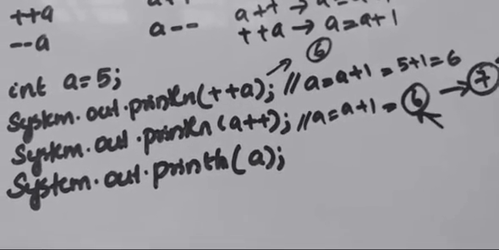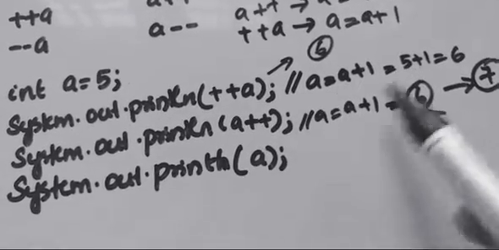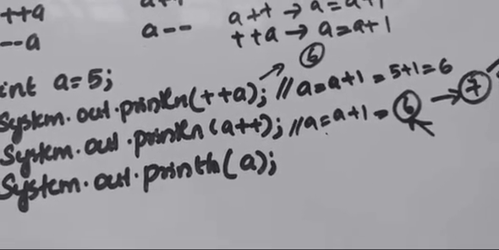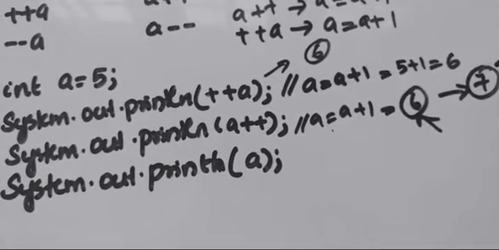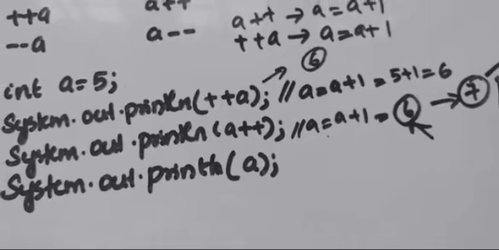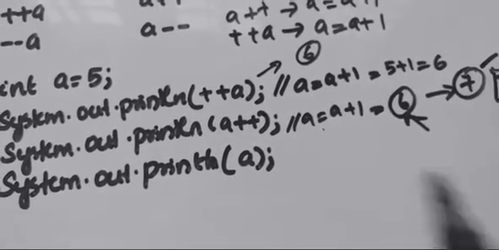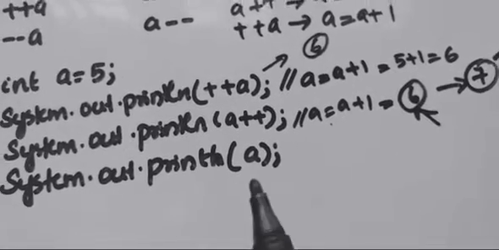That 7 goes to computer memory. So the value printed will be 6 itself, but the incremented value 7 goes to memory. After executing this statement, the new updated value of a will be 7. We will take that from memory. But here the value will be printed as 6.